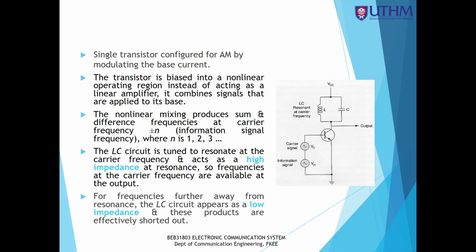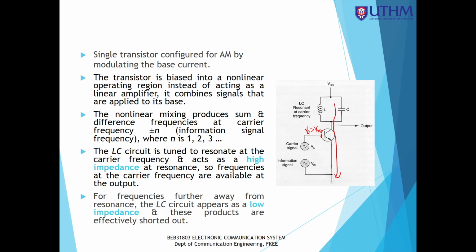If you still remember how the transistor works, current flows from the collector to the emitter. Current can only flow from collector to the emitter if the voltage at the base is more than the threshold, VB more than VTH. Therefore, when the base voltage is higher, normally during the positive cycle, current flows.